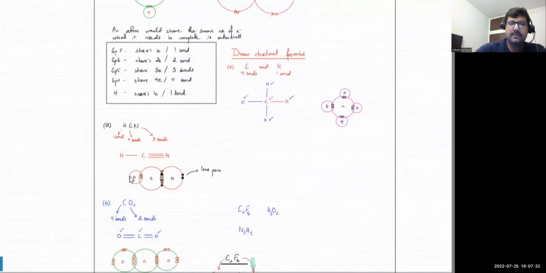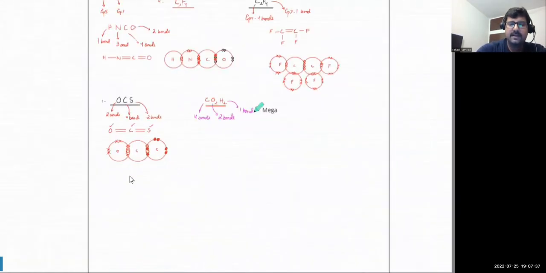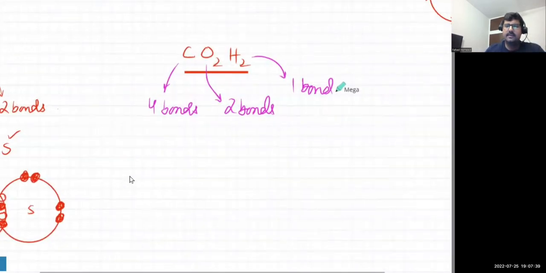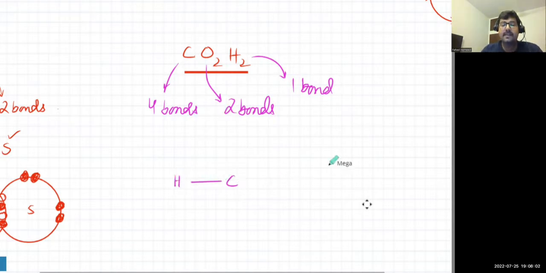So if I go back, let's try this one. Carbon is supposed to make 4 bonds, and there's only one carbon, so it should be making 4 bonds. Let's say I make a bond with hydrogen. Hydrogen only makes 1 bond. Right, I'm done. So hydrogen is done.